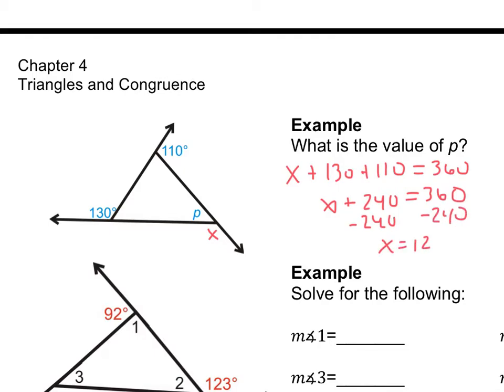X equals 120. We also know that P plus 120 should get me 180. So P is 60 degrees. I got that from subtracting 120 from both sides. So there's my final answer.